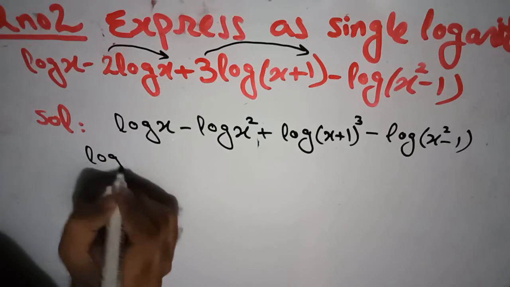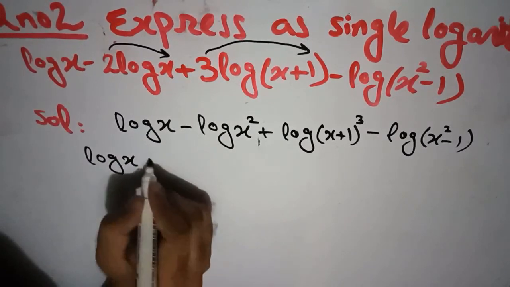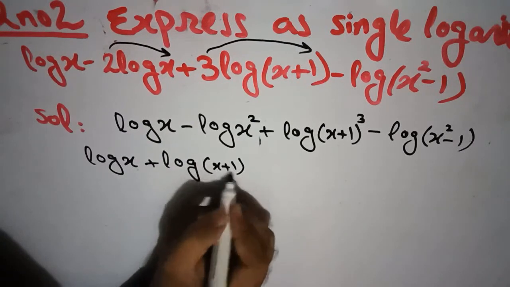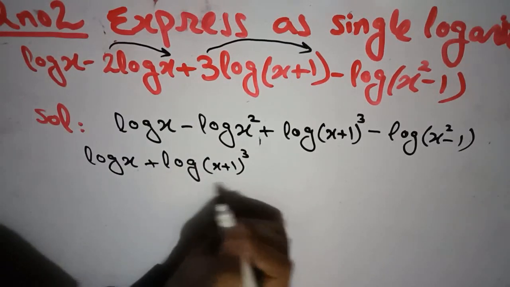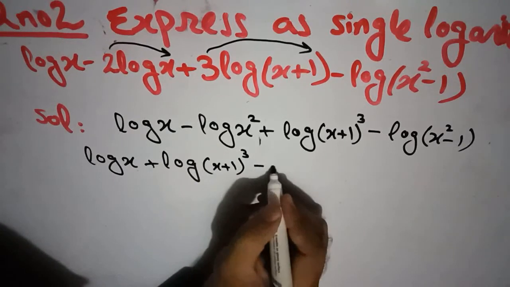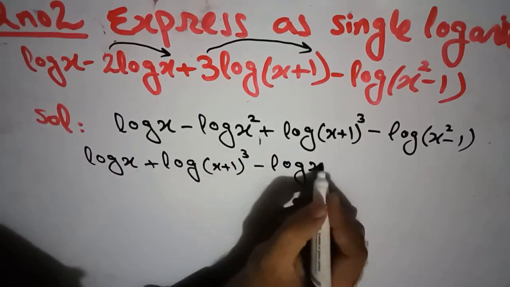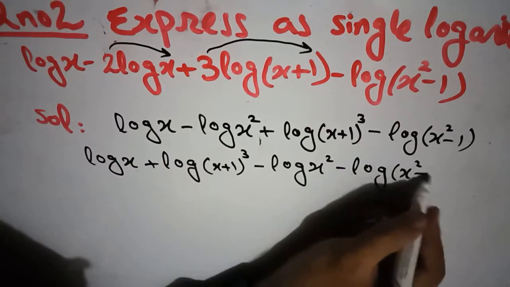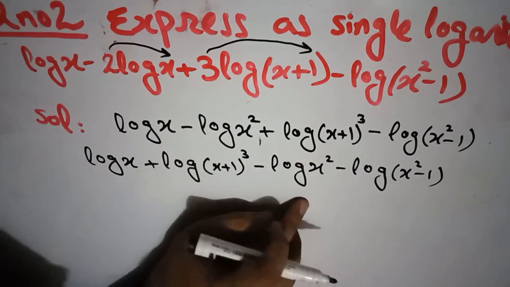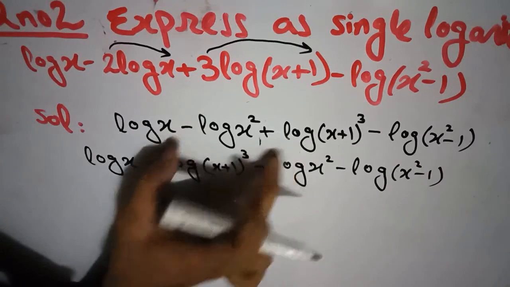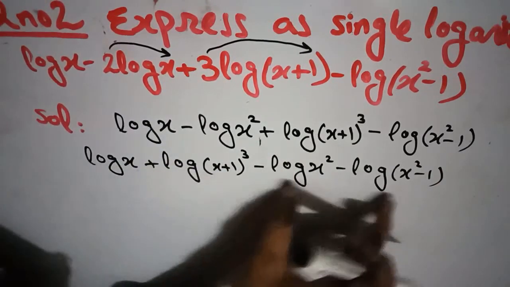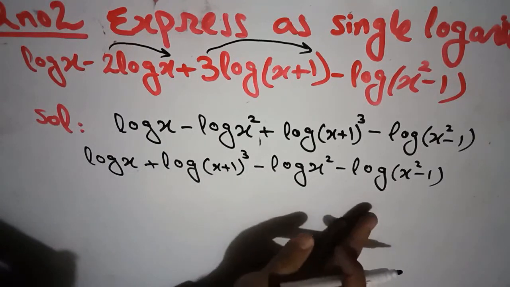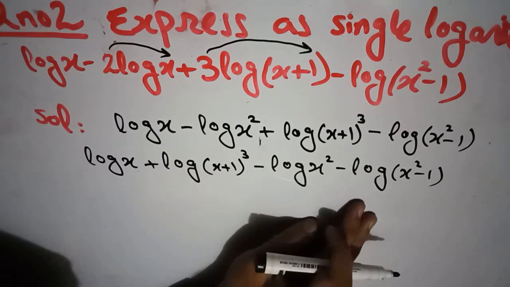So you can write log x plus log x plus 1's cube, whole cube, minus log x square minus log x square minus 1. I have just written the positive values before the negative values, so the negative values are written after the positive values, because we have to use the property of the log here.